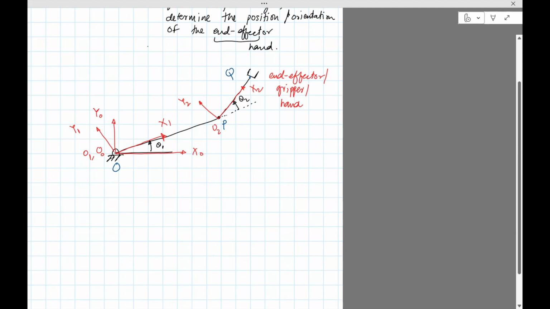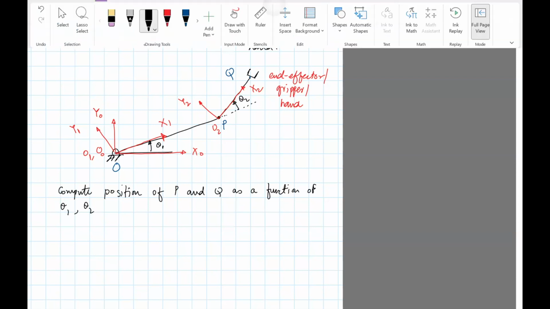Okay, so we want to compute the position of P and Q as a function of theta 1, theta 2, and I also need to give some lengths, otherwise you will not be able to compute those.